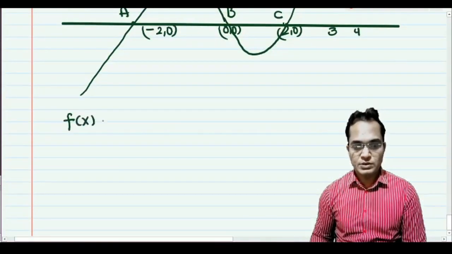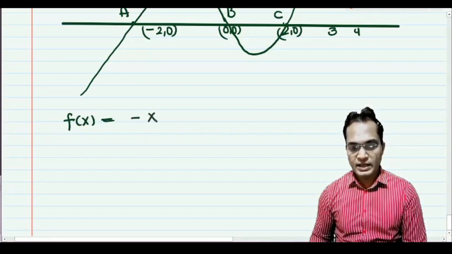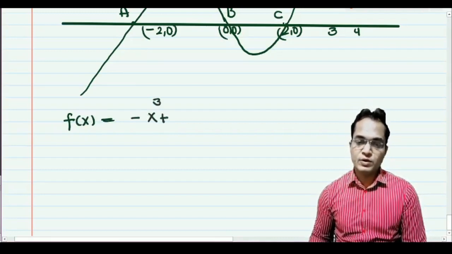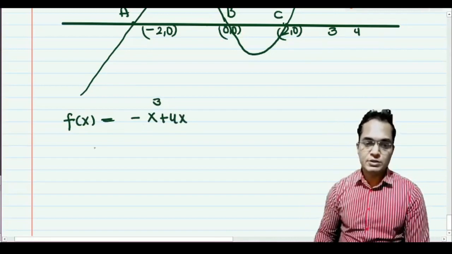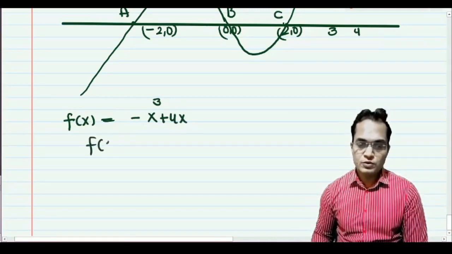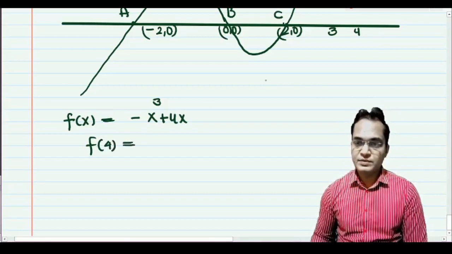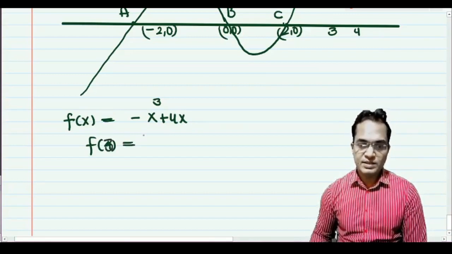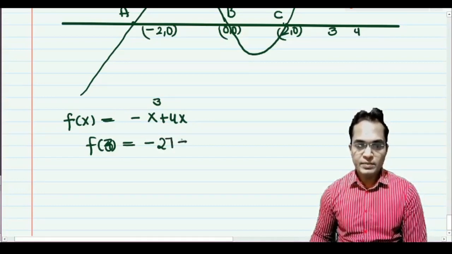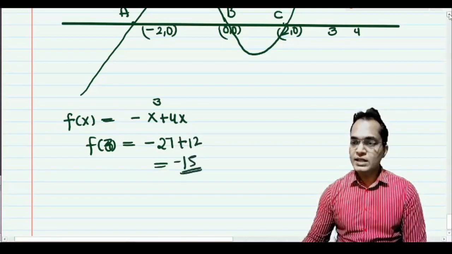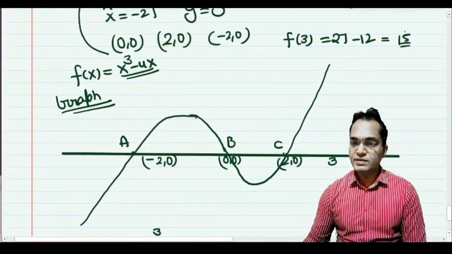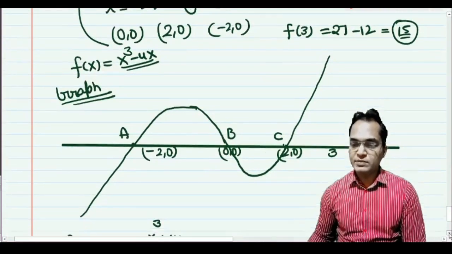f(x) equals minus x cube plus 4x. Then what will happen? If we put x equals 3, it is minus 27, yes or no, and plus 12, it will become minus 15. Now before it was 15, and now it is minus 15.